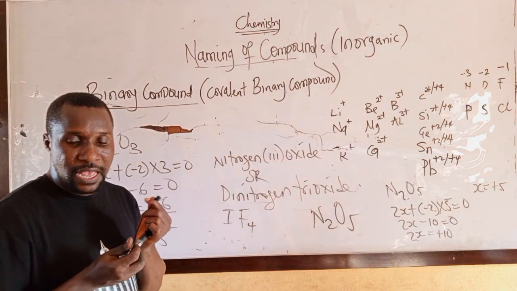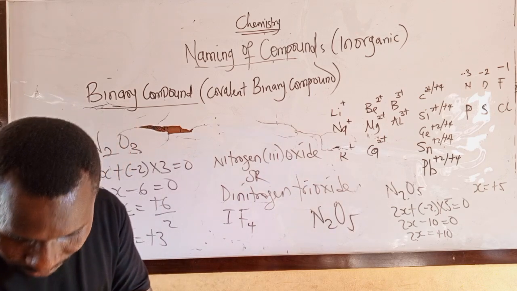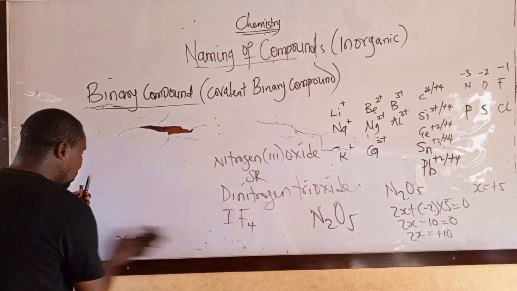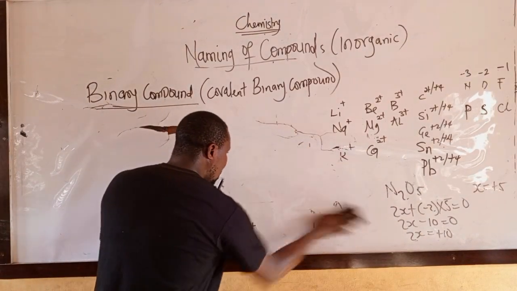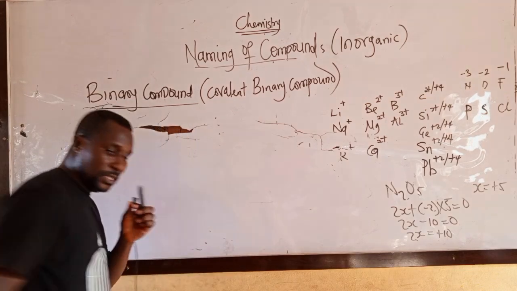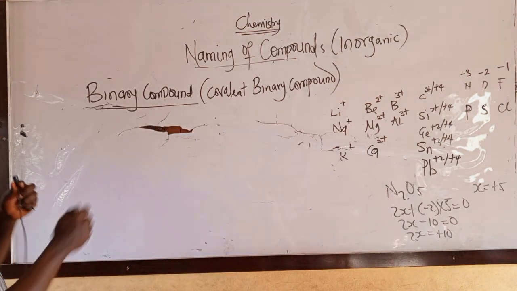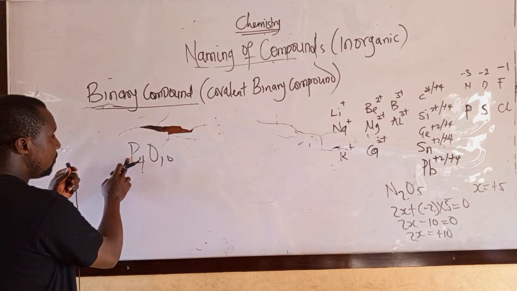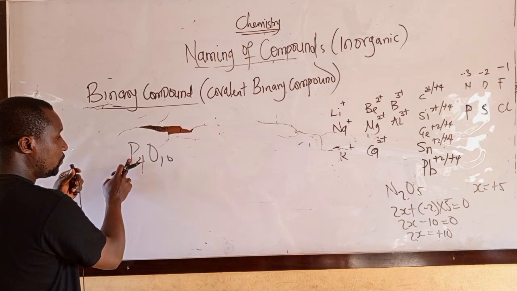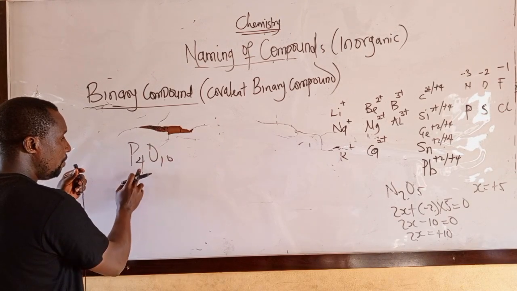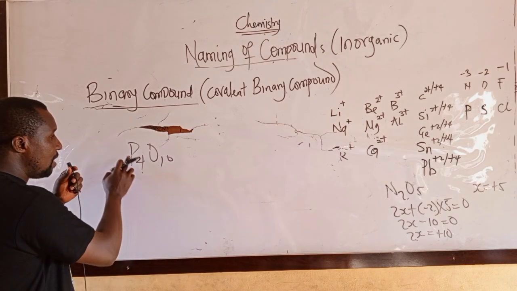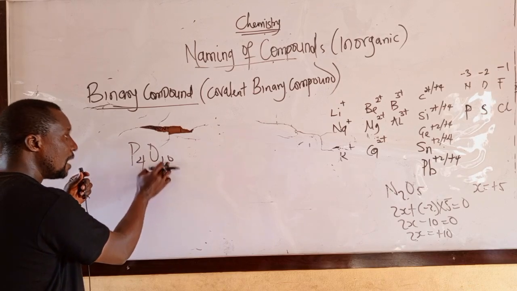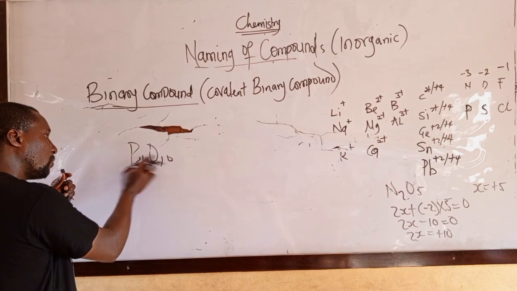Take note of that. And let me give you some assignment to do. You can drop your answer in the group link or in the comment section. Look at this, where you have P4O10, tetraphosphorus decaoxide.